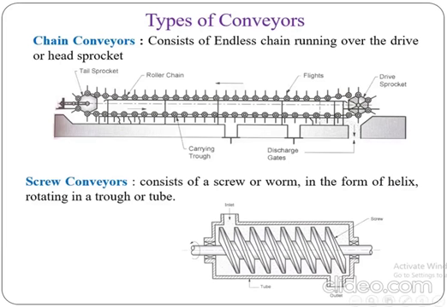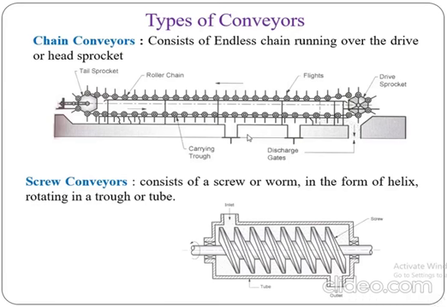So here the drive sprocket is there, and this is the discharge gate, and the carrying trough is here. From this the material is carried from one place to another place. It has a tail sprocket, roller chain, and flights to carry the load.